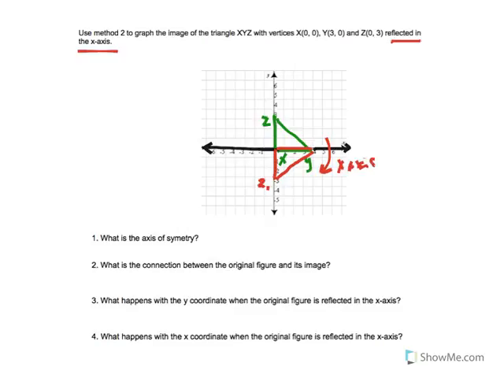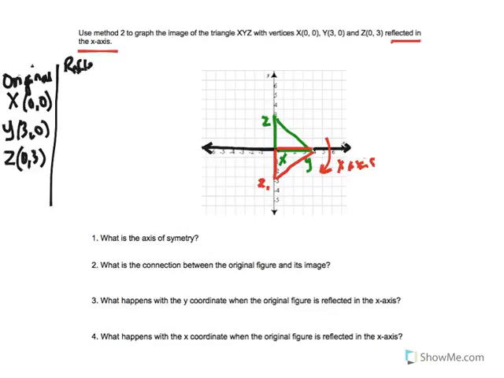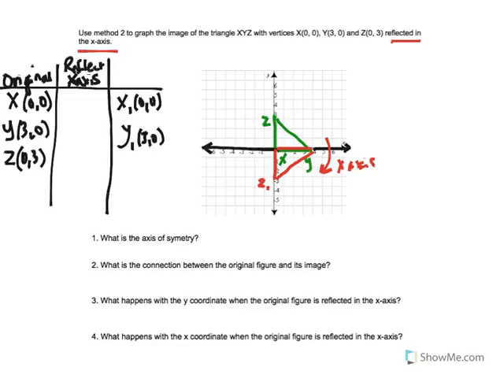Now let's look at our original points. Our original points were X, Y, and Z. Now we reflected these points over the x-axis, and we came up with new points, which were X prime was 0, 0, Y prime was 3, 0, and Z prime became negative, oh no, it became 0, negative 3. Okay?